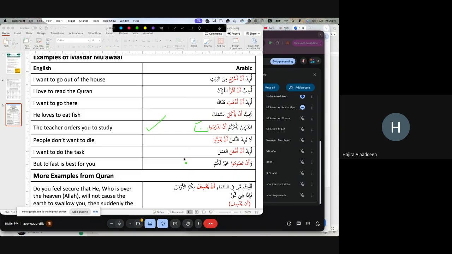It's easy to identify when the verb is singular, but when the verb becomes dual or plural, the noon drops in the mansoob state. So an plus tadrusuna became an tadrusu, to study, which is the Masdar Muawwal.